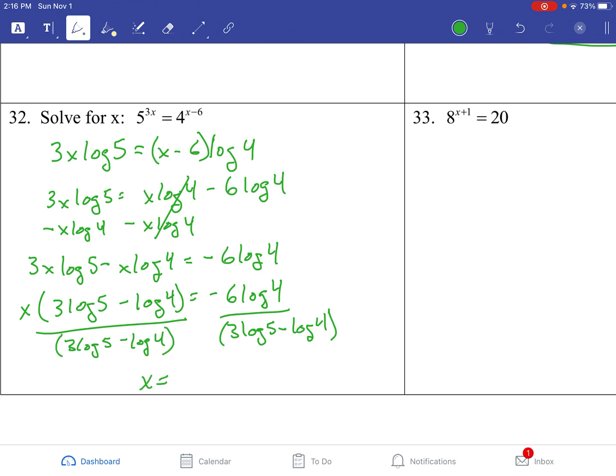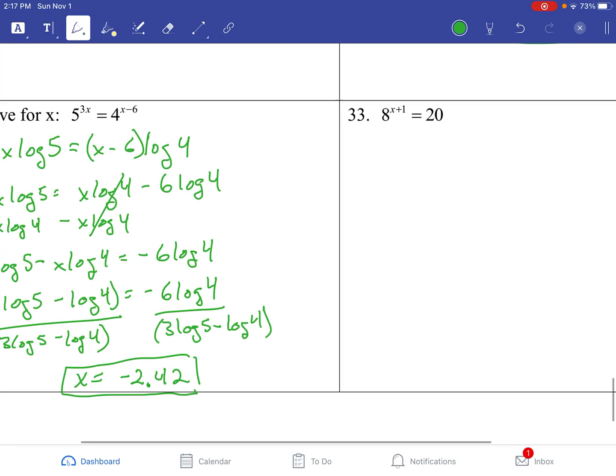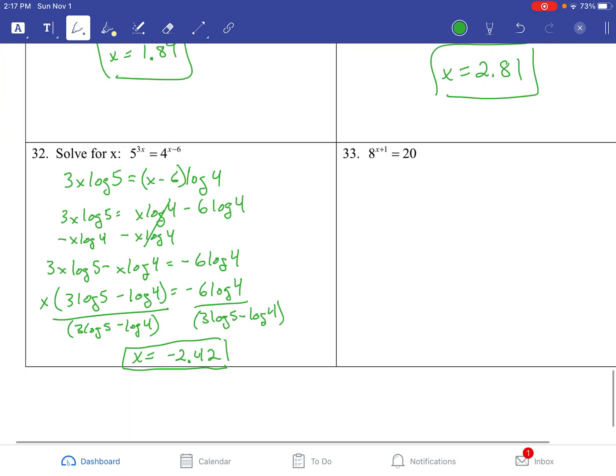Your x will equal, and it is really important that you do this correctly in your calculator, negative 6 log of 4 divided by, you've got to put parentheses around the entire bottom, 3 log of 5, close the parentheses around the 5, minus log of 4, and you should get negative 2.42 if you round to the 100th spot. I know that was a little bit long. I do apologize, but it is what it is.